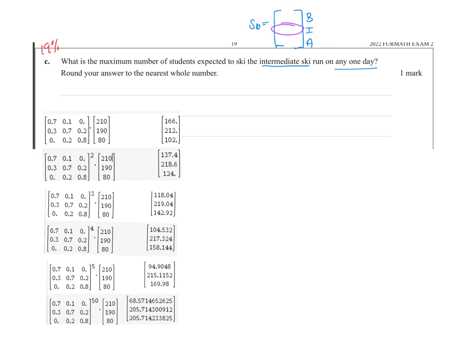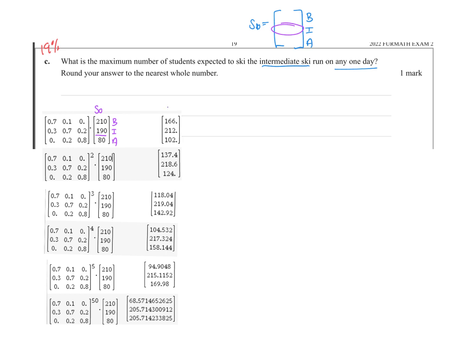So all you need to do is start at 0 and look at all the consequential states. You're going to see that it does change, and somewhere there was a maximum. This is S0 here, with beginner, intermediate, and advanced. You can see it had 190 to begin with, and then it said on any one day.